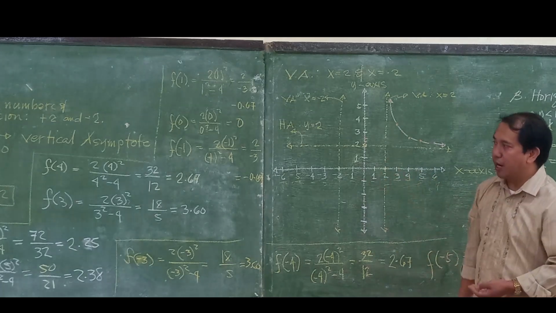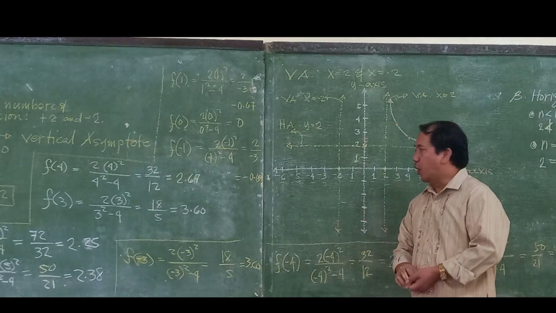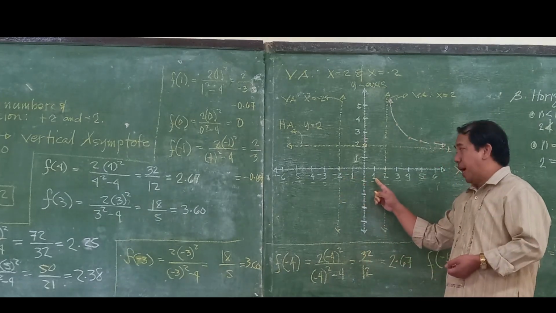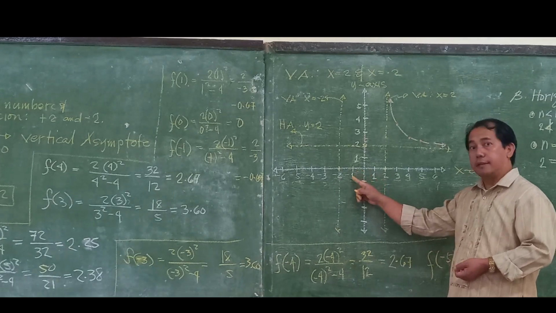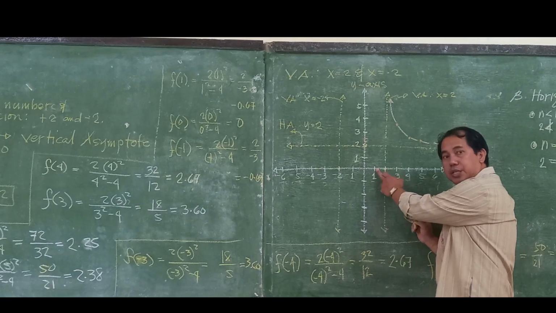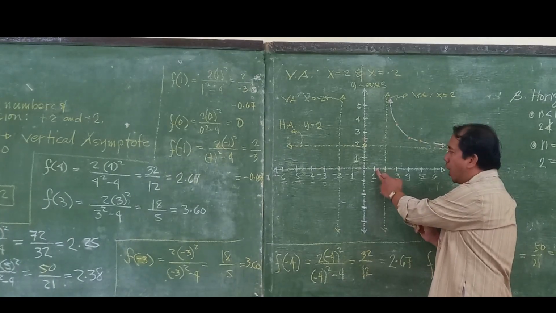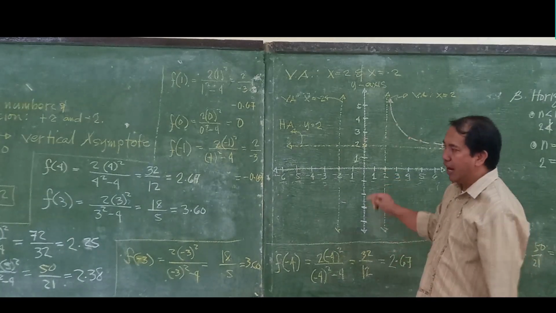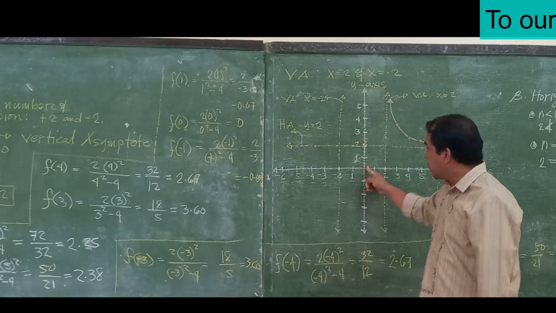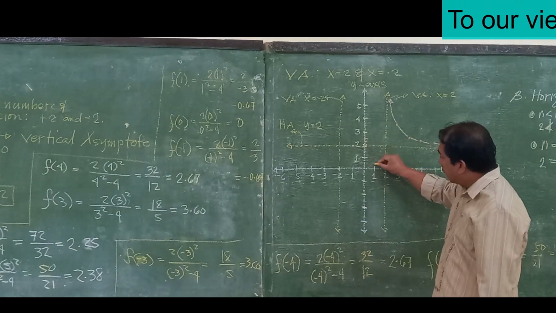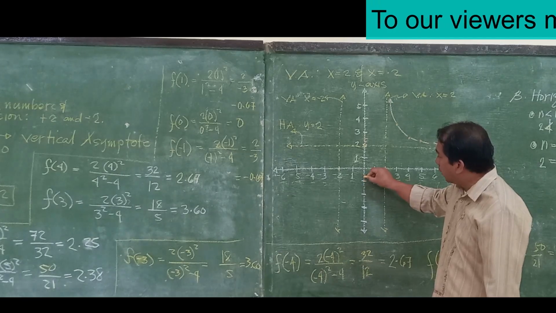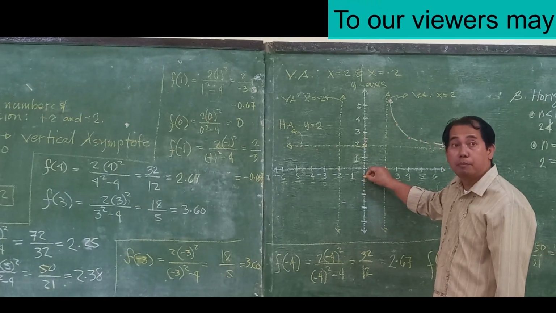What about the graph of the center? What is your center? That is starting from positive 1, 0, and negative 1. Notice that if our x is positive 1, the value of the y is negative 0.67. So meaning to say, that is more or less, if this is negative 0.5, negative 1, below the negative 0.5.